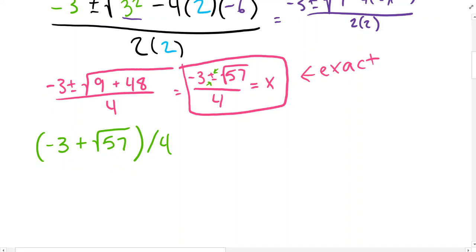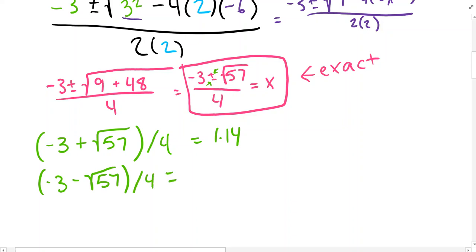And so when I plug that in my calculator, I'm going to get -3 plus square root of 57 divided by 4, and I get this is equal to 1.14, and then I'm going to do it again for my minus the square root of 57 again, because this is plus or minus divided by 4.